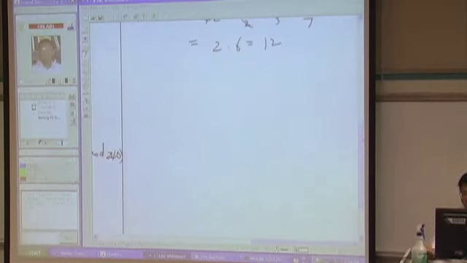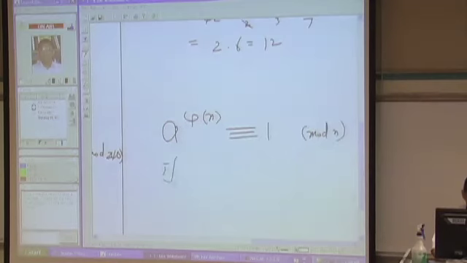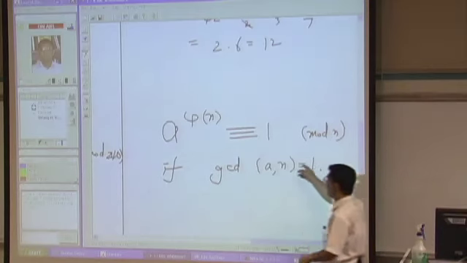In any case, we have seen that a to the power of phi of n equals 1 mod n if GCD of a and n is equal to 1, right? If we have a different GCD, then there is no chance, right?